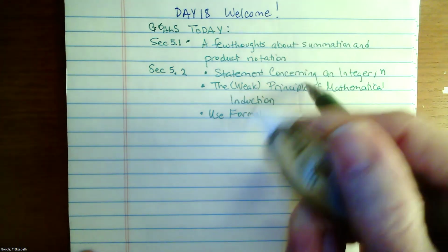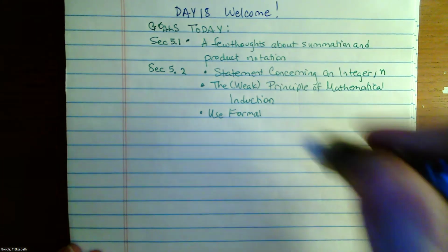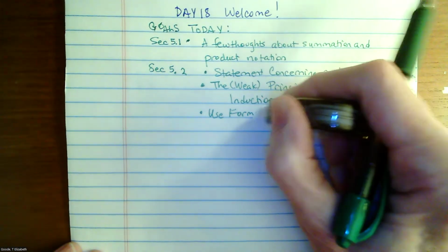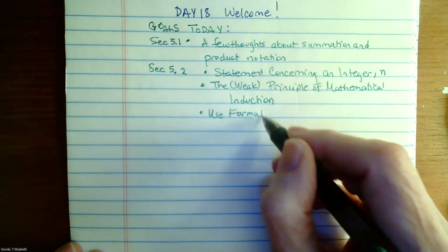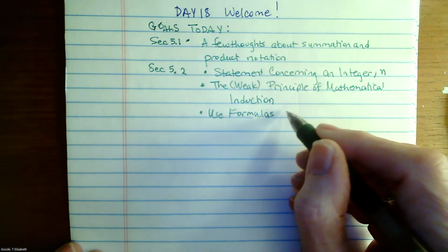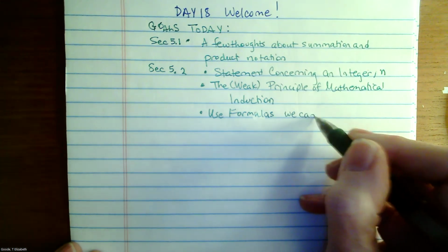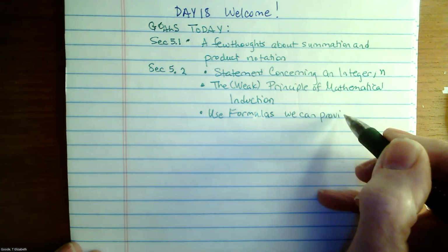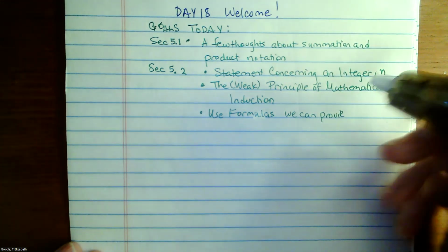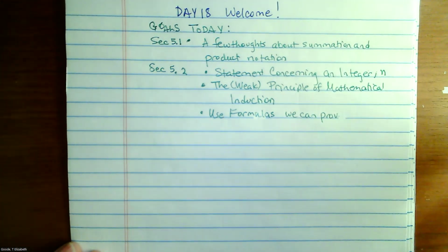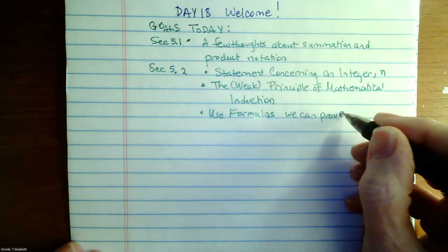We're probably just going to get to one of them tonight, and then we'll look at some more of them on Wednesday night. But useful formulas that we can prove using proof by mathematical induction.